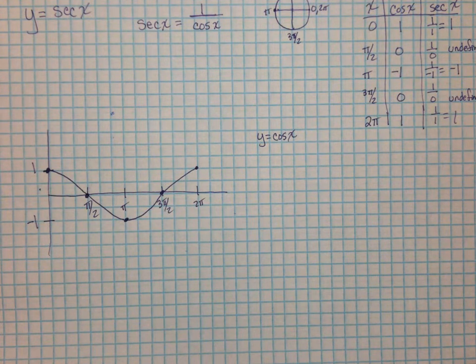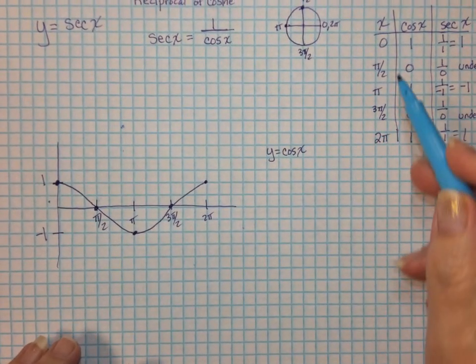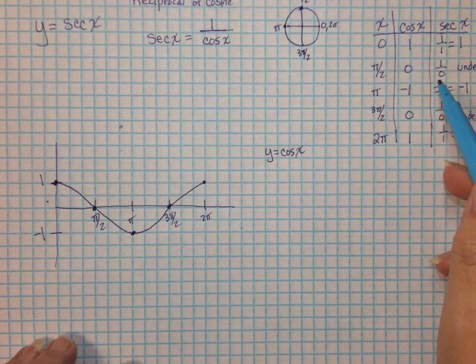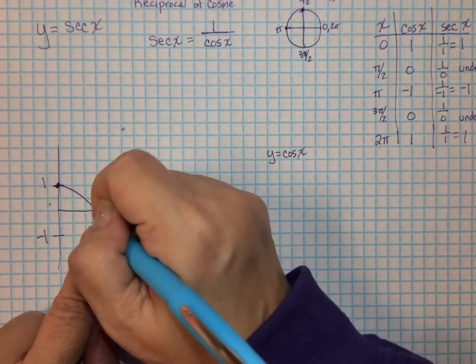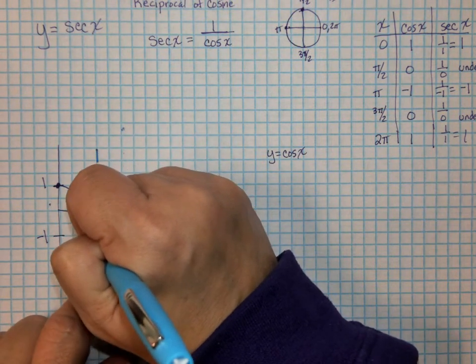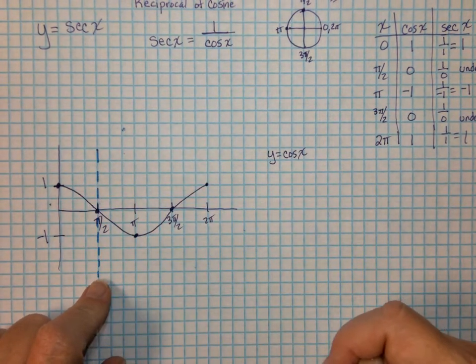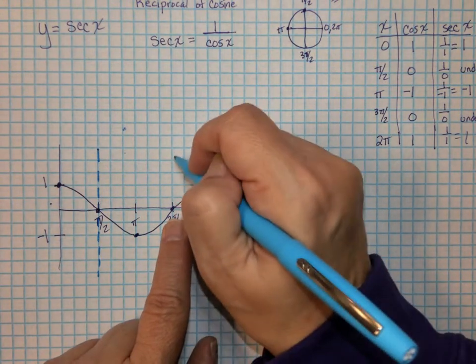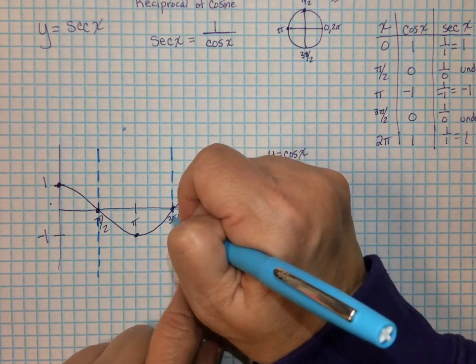So now I'm going to come graph secant. And so the first thing I know is that whenever the cosine value is 0, the secant is undefined. So here cosine is 0. So secant is undefined. So there's an asymptote. Cosine is 0. Secant is undefined. There's an asymptote.